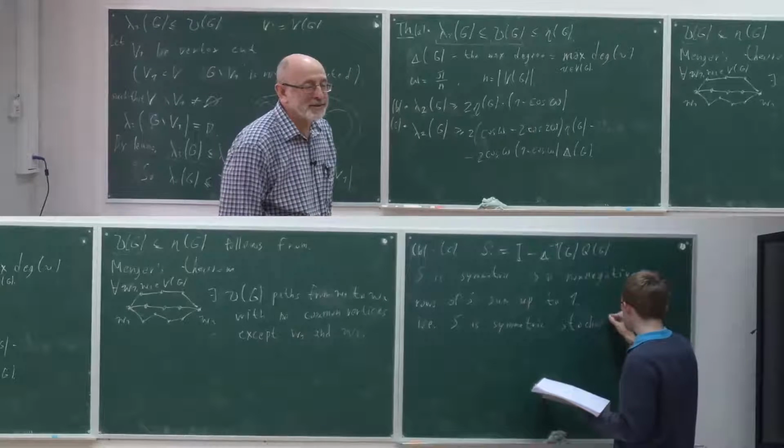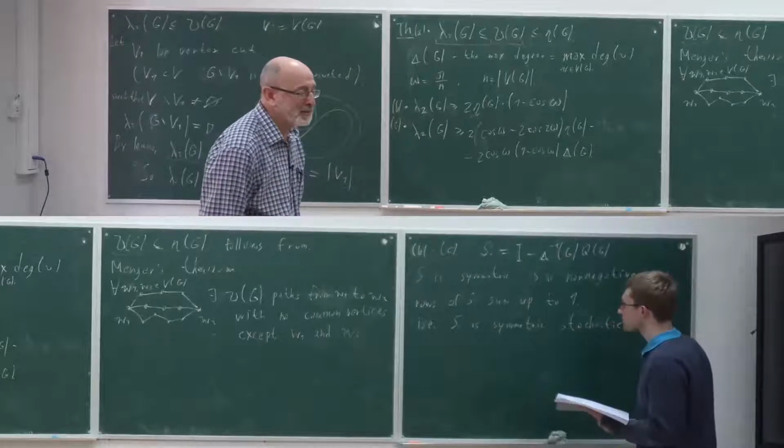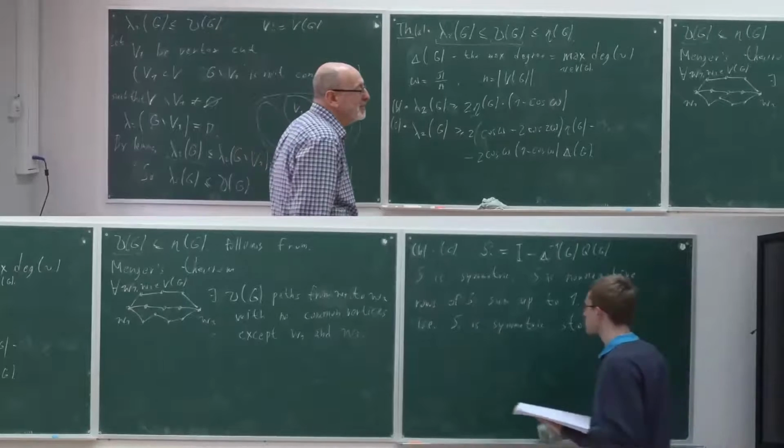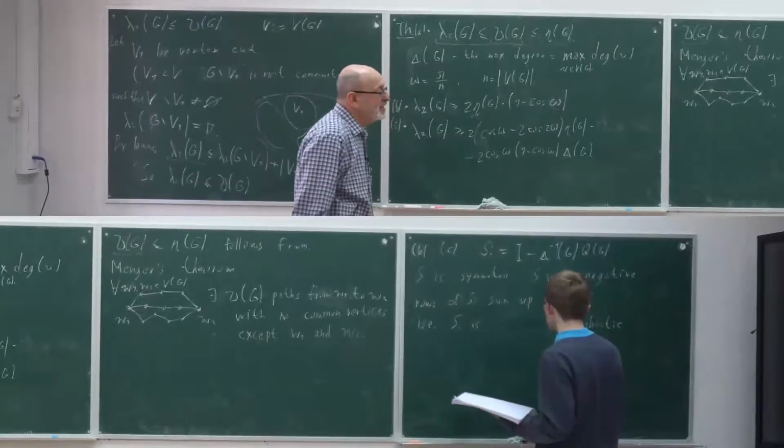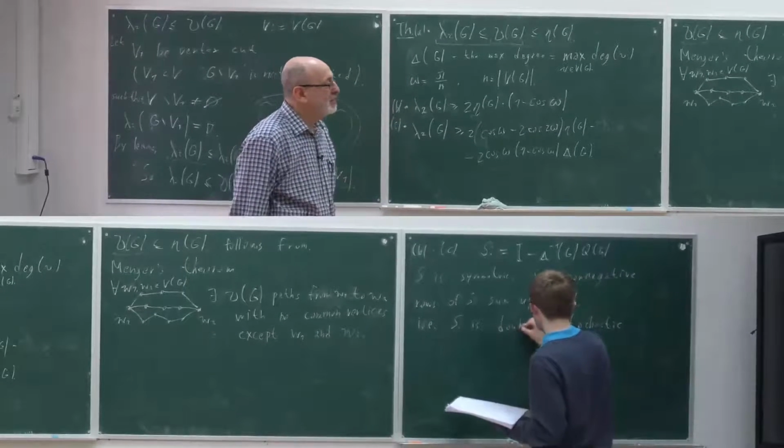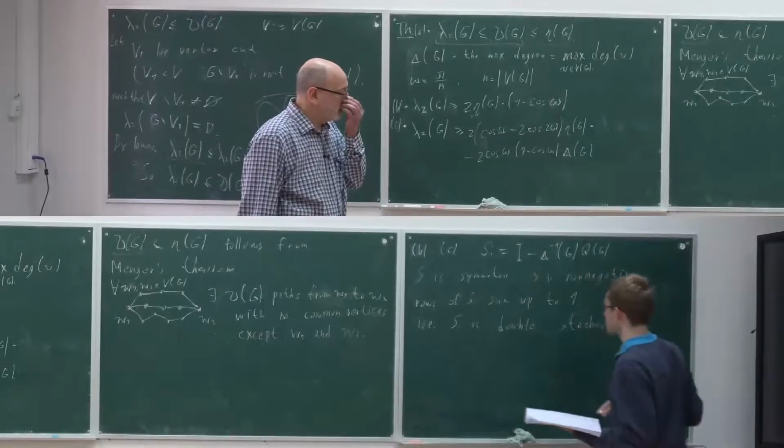Double stochastic matrix. Okay, so in other words, we have that S is double stochastic.